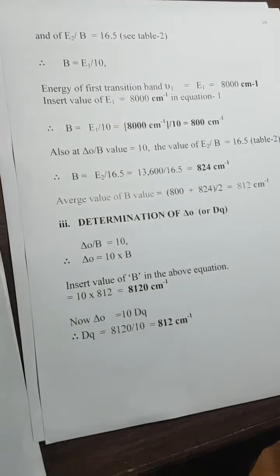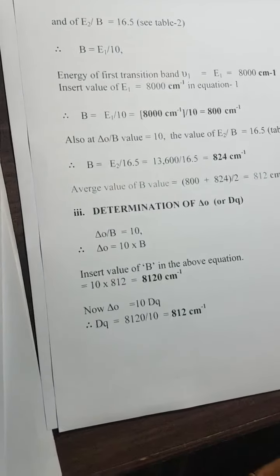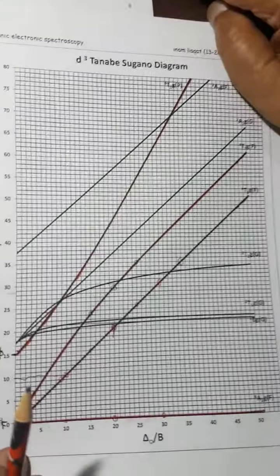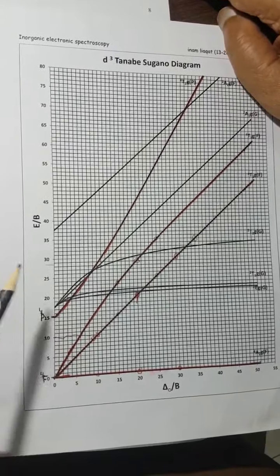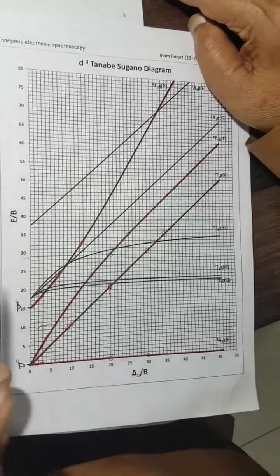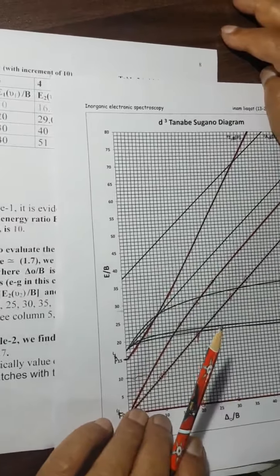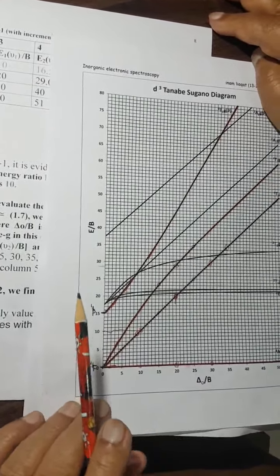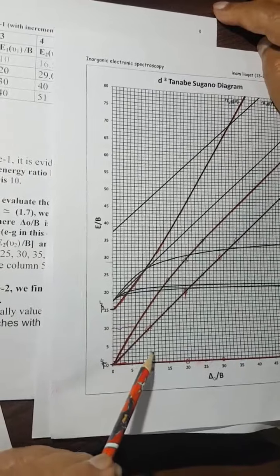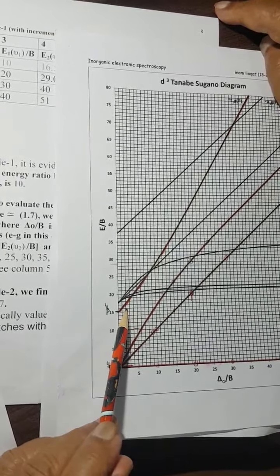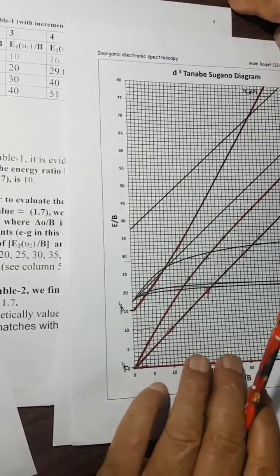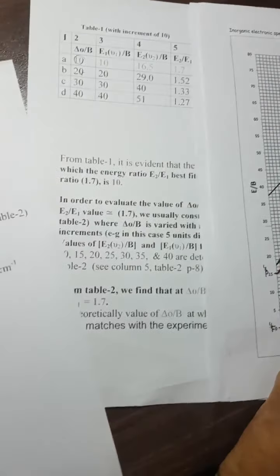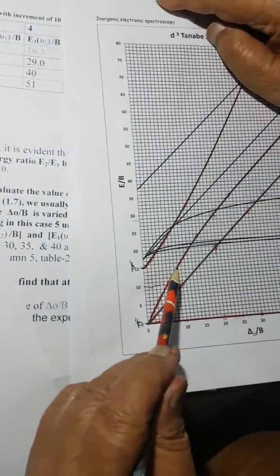I want to show you from the actual graph. At delta octahedral equal to 10, this is the d3 diagram.